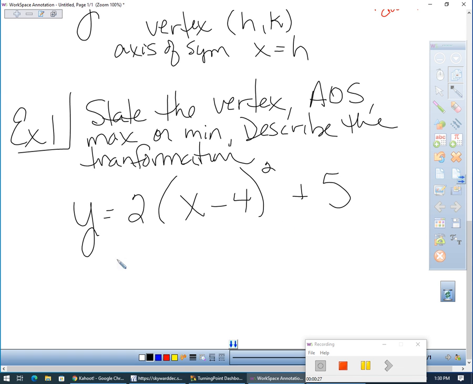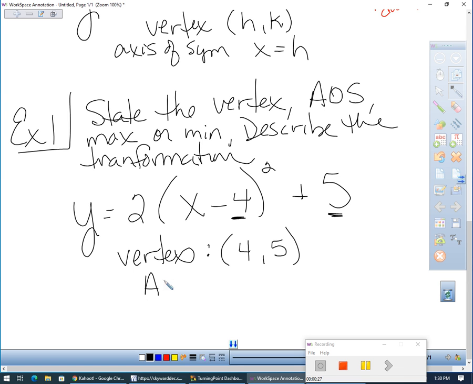We're going to start with the vertex. Your vertex in this form is the h and the k. So your vertex is (4, 5). Any question where I got 4 and 5? Okay.